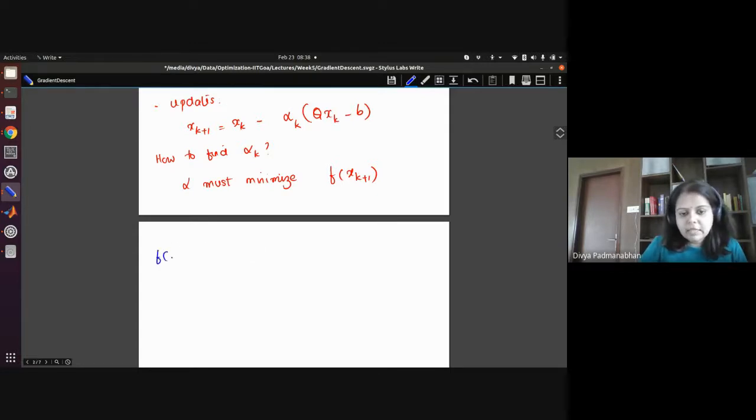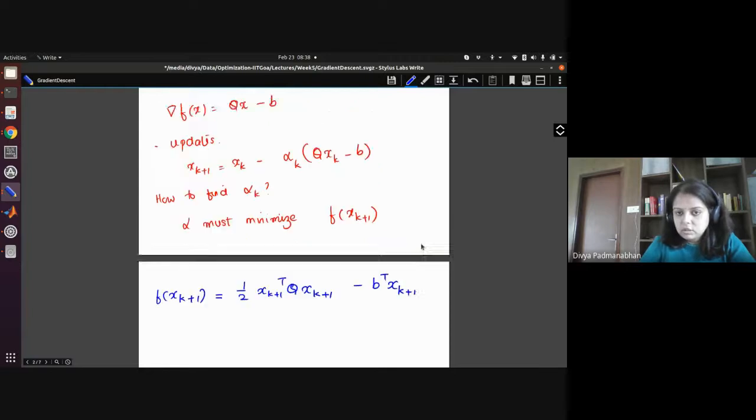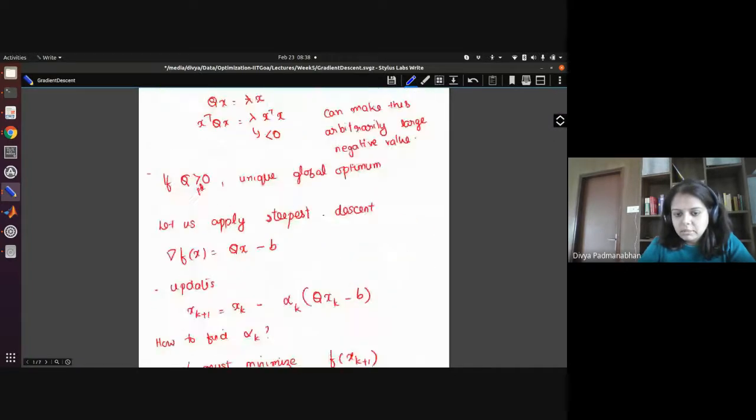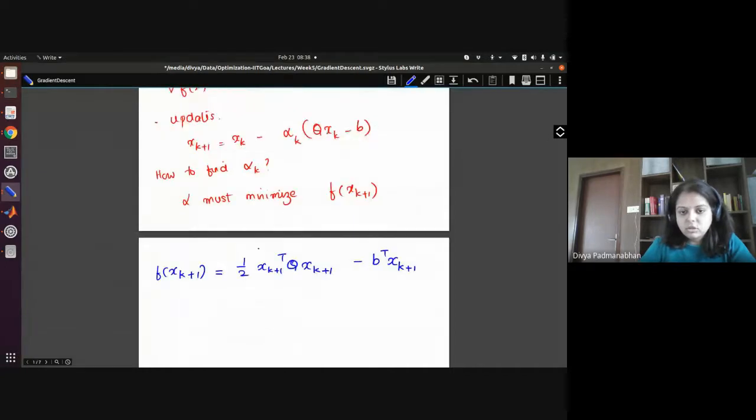So f of x_{k+1} is going to be what? It's half x_{k+1} transpose Q x_{k+1} minus b transpose x_{k+1}. That's the form we considered. I'm just going to substitute the values of x_{k+1}.